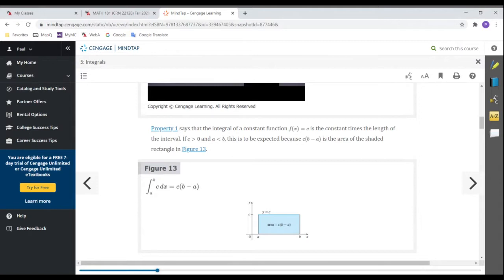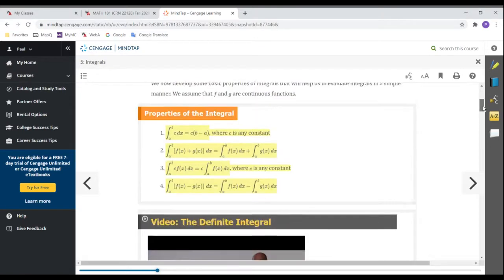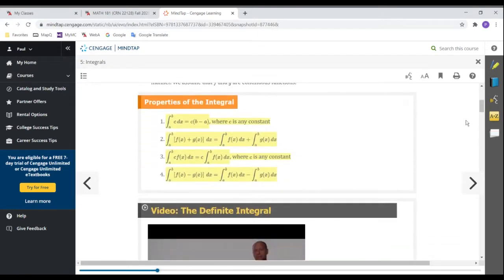Well, that's just the area of a rectangle whose height is c and base is b minus a. So that's figure 13. That's used to prove the first result, to make you feel comfortable with it.